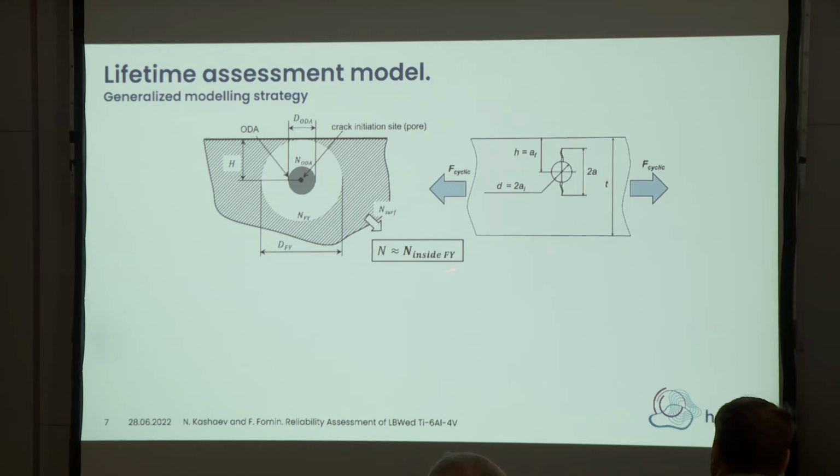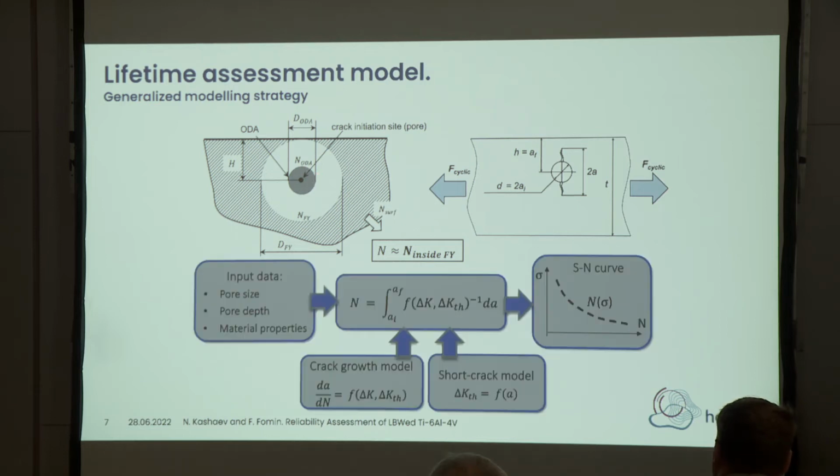So for us, it's important to calculate the number of cycles required to propagate inside the fish eye area. To perform any predictions, we need a fatigue crack propagation law. We need input data, such as the distribution of our defects and material properties, and then if we know our fatigue crack growth model, we can integrate and obtain each point on our S-N curve.